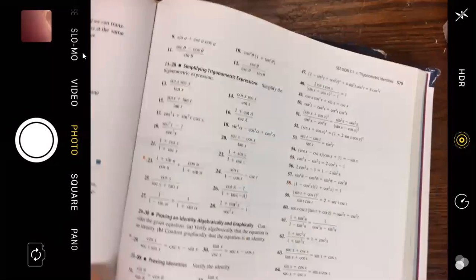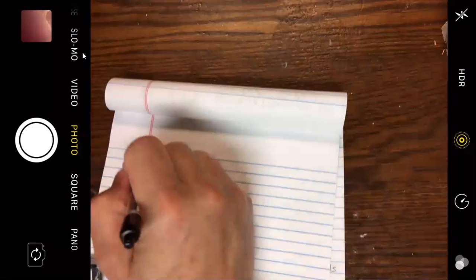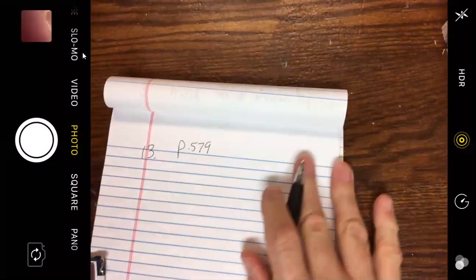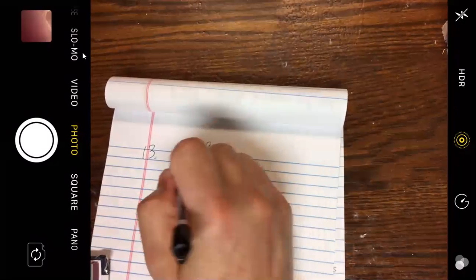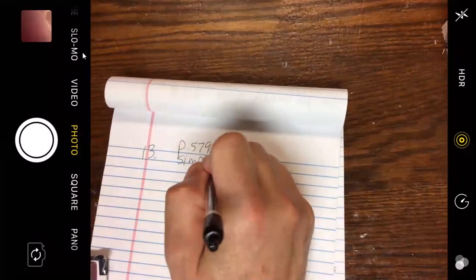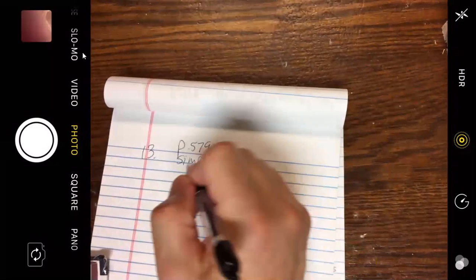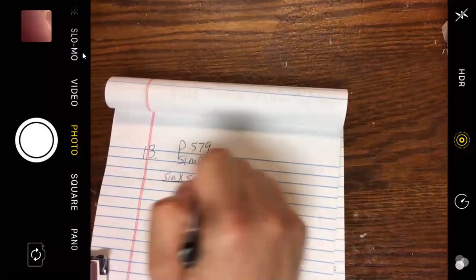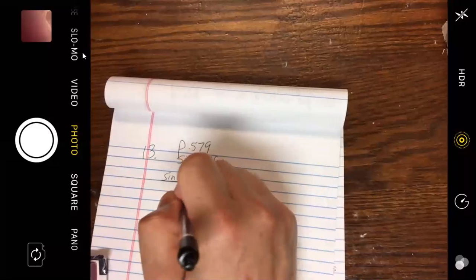I guess we'll start with 13, a simple one. We're on page 579. Simplify sine x, secant x, divided by tangent.